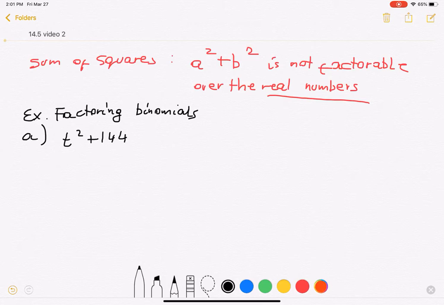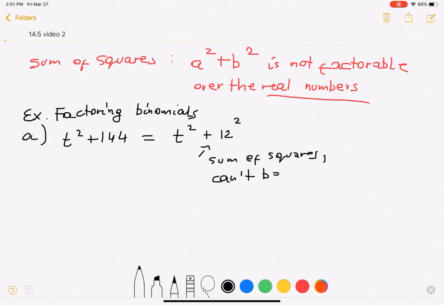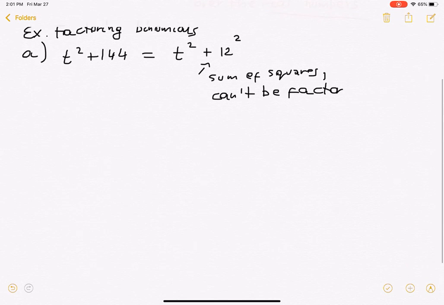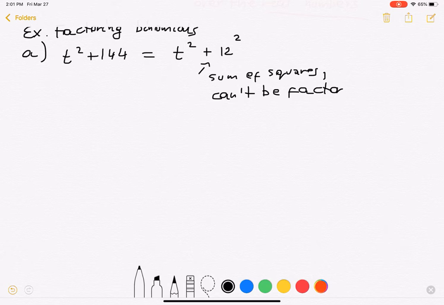This is the same as t squared plus 12 to the second power. Here you should recognize that you have a sum of two squares. Since you have a sum of squares, we can't factor. So that's our solution. We're going to leave it that way. There's nothing else we can do with this at this moment.